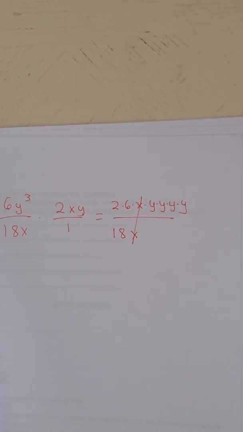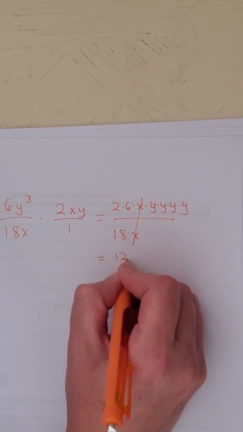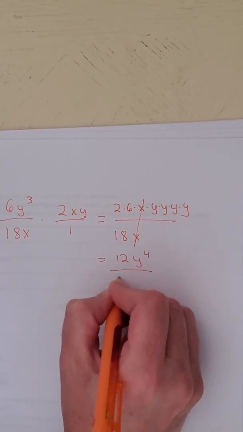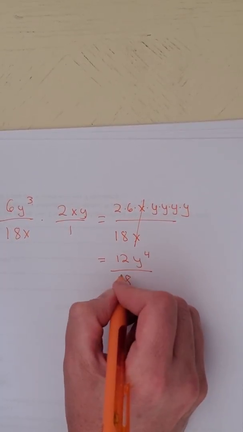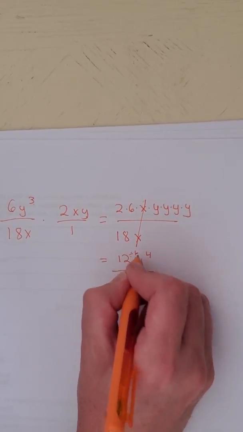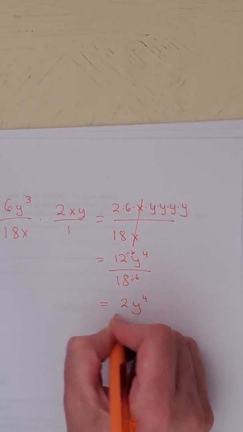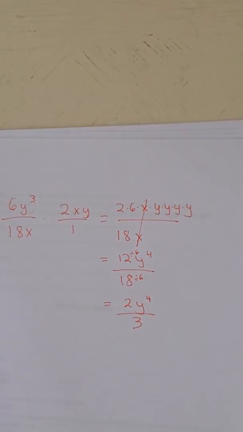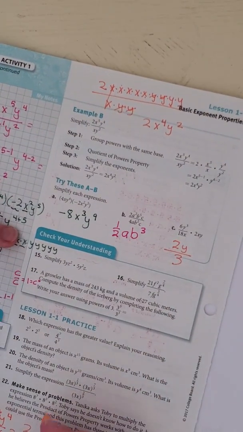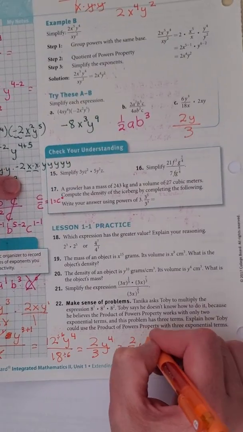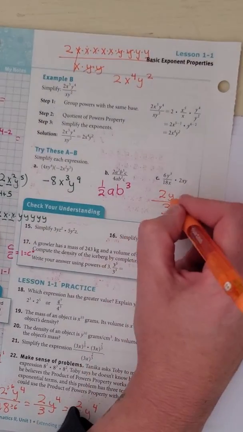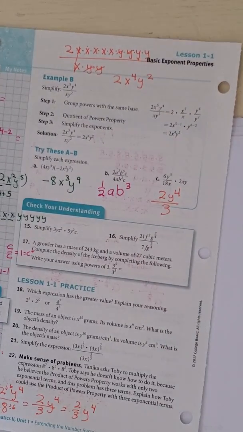These will reduce. That gives me 12y to the 4th over 18. Find their common factor, which is 6. Divide both the top and bottom by 6. And you get 2y to the 4th over 3. Oops. I dropped my y to the 4th. Ah, right here. I apologize. That should have been a y to the 4th.